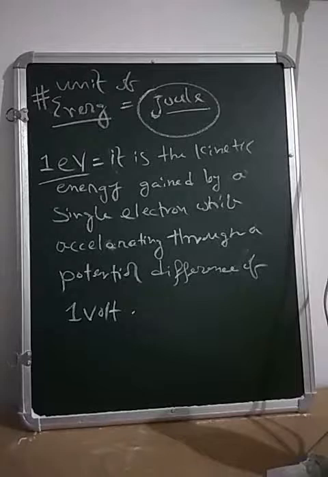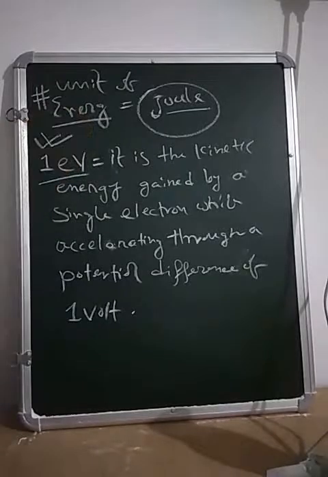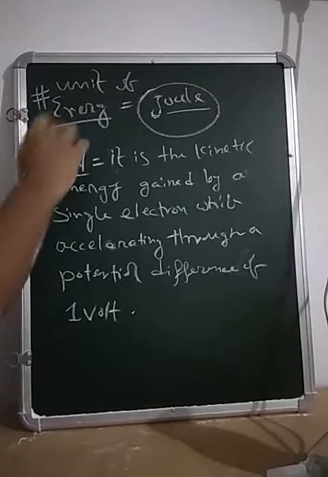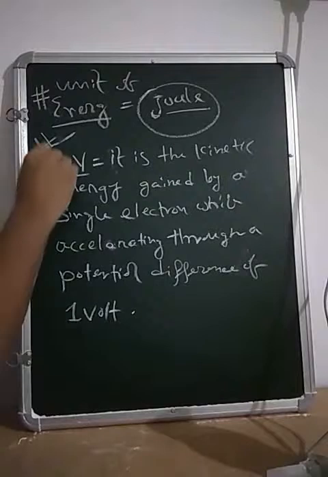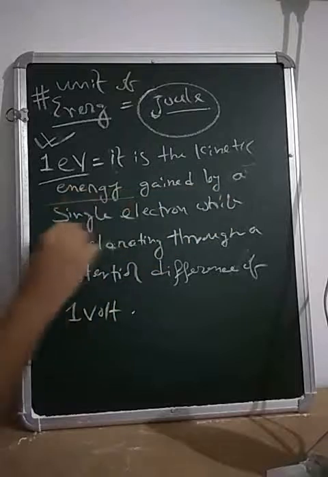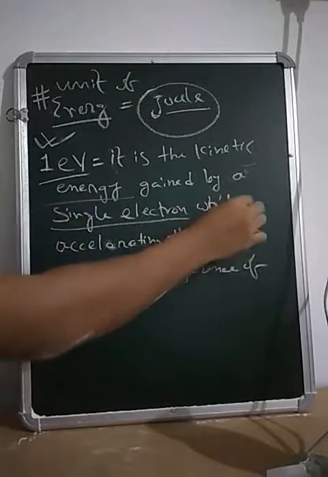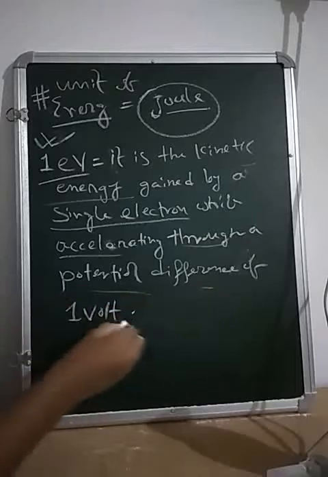When we discuss the energy of an electron in an orbit, in terms of atomic and molecular physics, we express the energy of an electron in terms of electron volt. 1 electron volt is the kinetic energy gained by a single electron while accelerating through a potential difference of 1 volt.